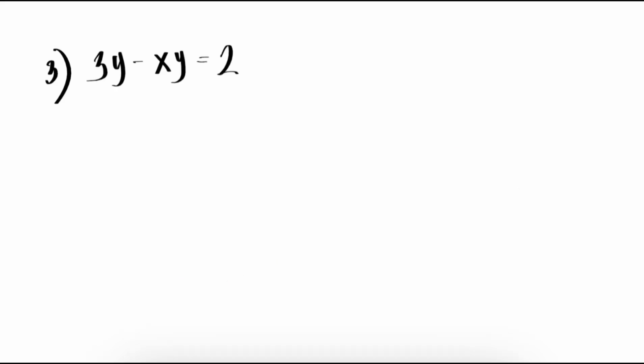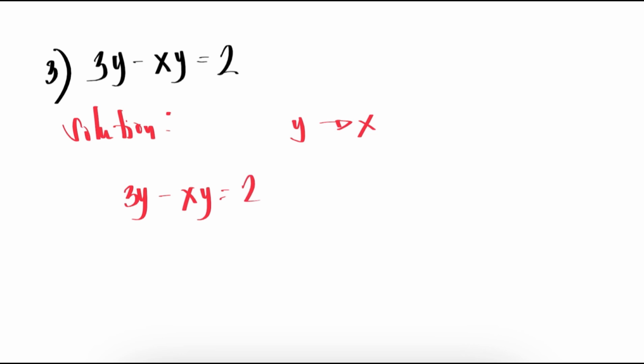Third example. The problem is 3y minus xy is equal to 2. Okay, for our solution, again, solve for y in terms of x. So the given is 3y minus xy is equal to 2.